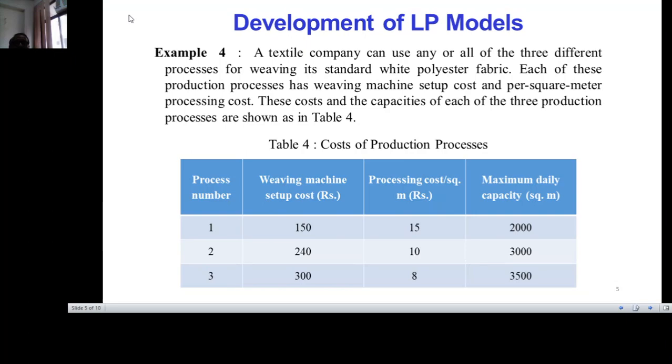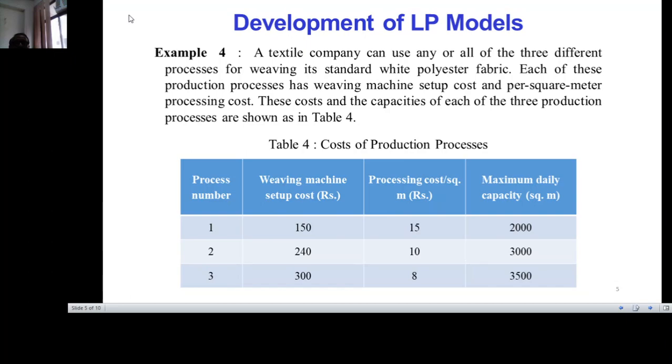and then 150 y1, where y1 is the fixed cost irrespective of the quantity. You say 150 rupees is the fixed setup cost for any quantity you produce by process number 1. So, if you use process 1, then you will incur an expenditure of 150 rupees.